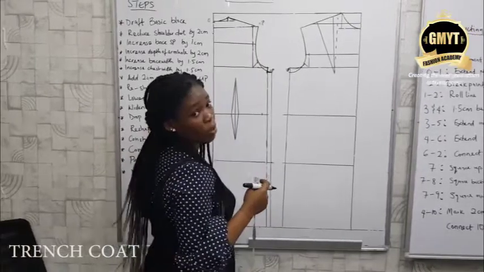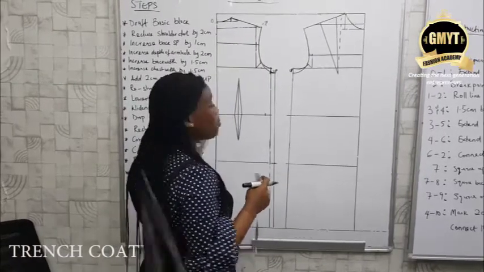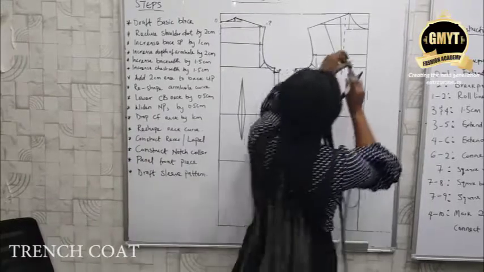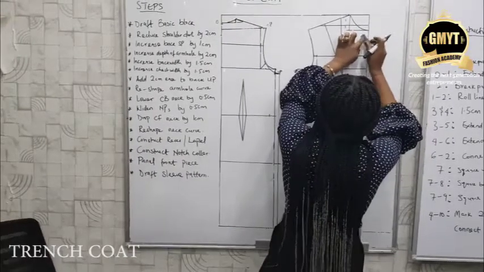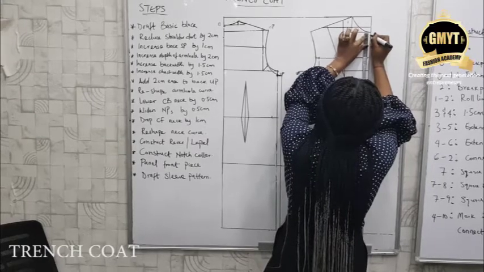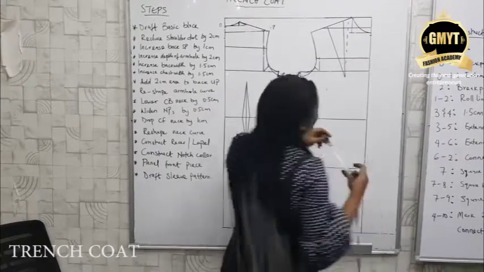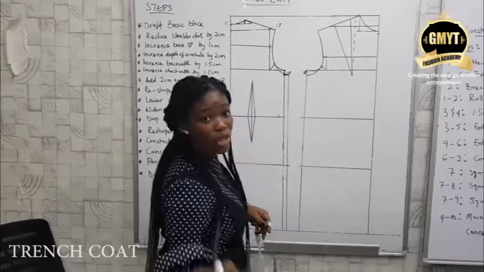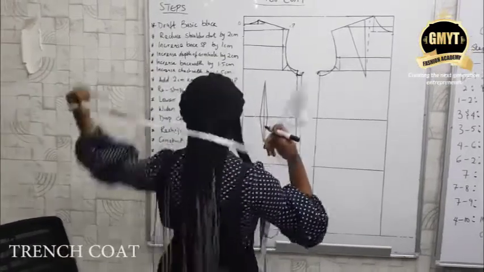Then I'm going to drop my center front neck by 1 cm. So after I've done this, then I'm going to reconstruct the neck curve.